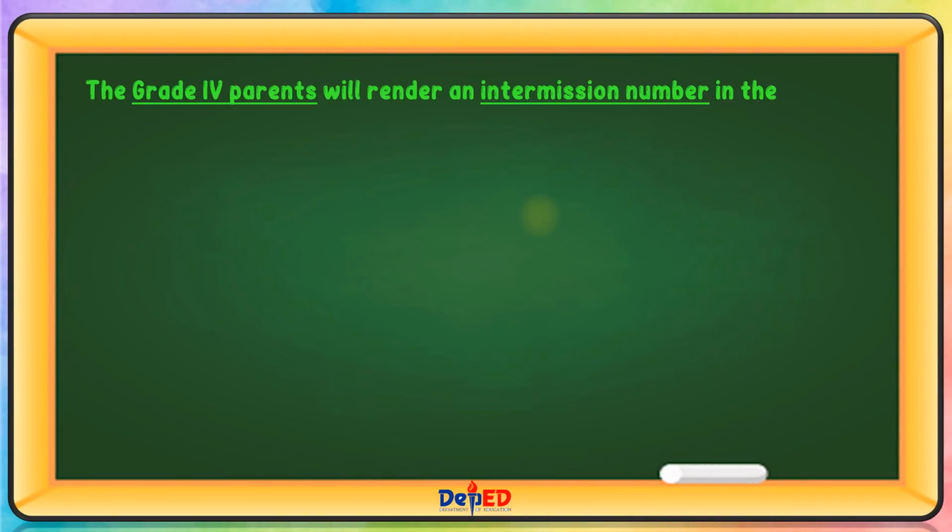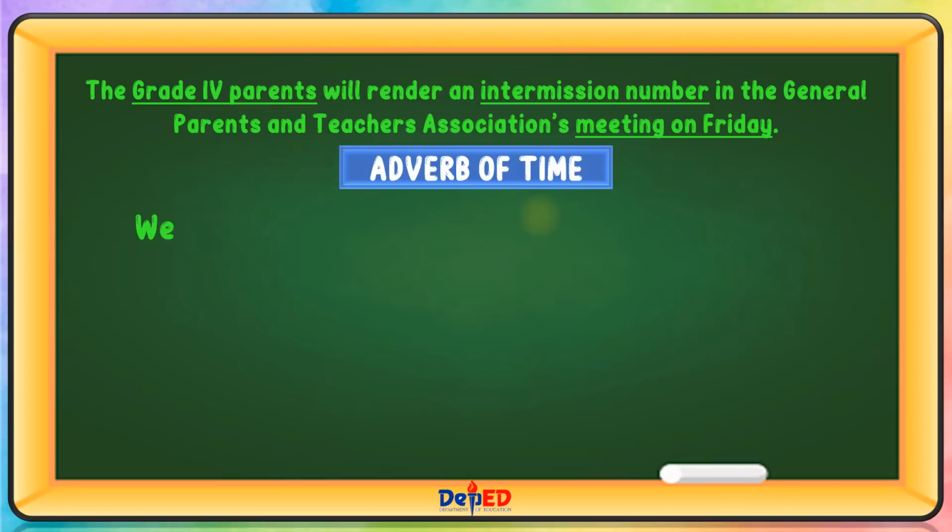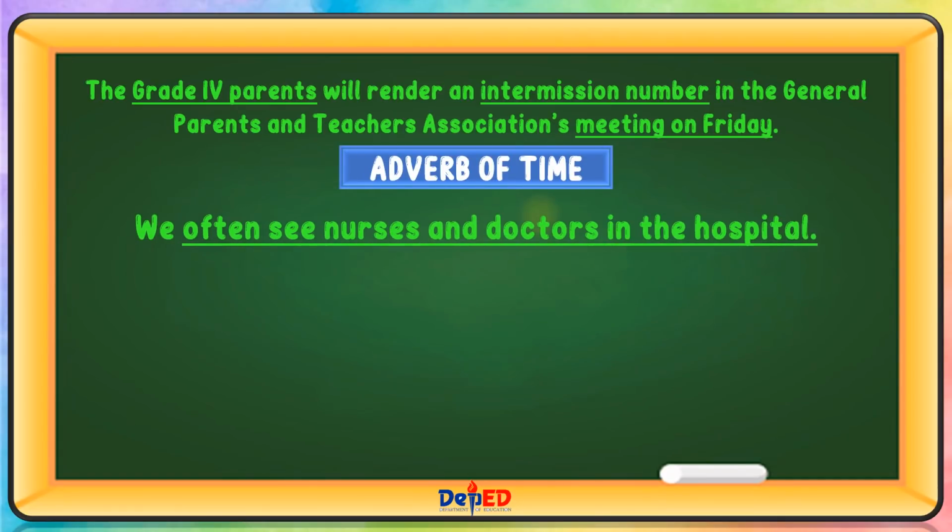The grade for parents will render an intermission number in the General Parent and Teachers Association's meeting on Friday. This is adverb of time. We often see nurses and doctors in the hospital. This is the adverb of place.